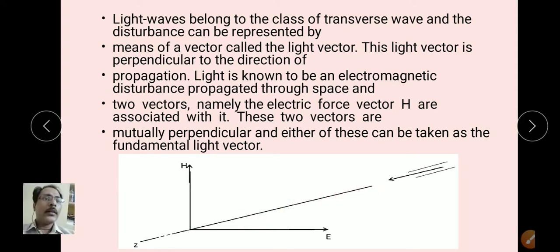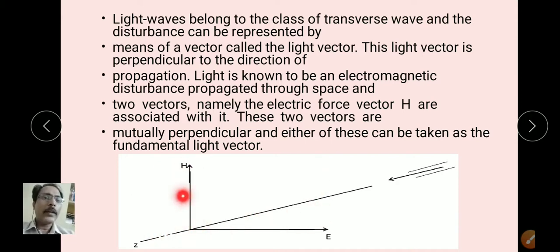Light is known to be an electromagnetic disturbance propagated through space, and two vectors, namely the electric force vector E and the magnetic force vector H, are associated with it. These two vectors are mutually perpendicular, and either of them can be taken as the light vector. So light is nothing but a form of electromagnetic disturbance, having both electric waves and magnetic waves.